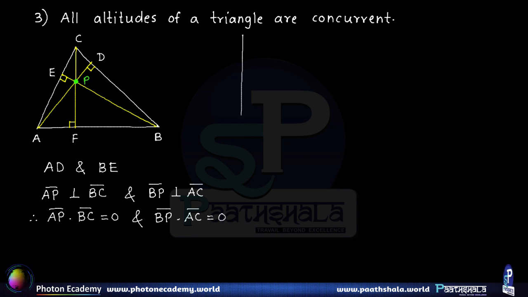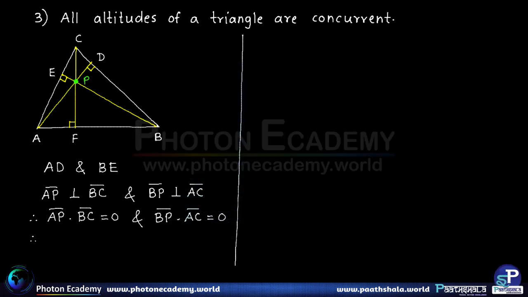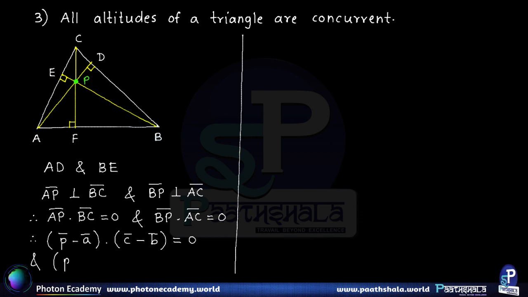Continuing further, we can write the actual expansion. AP bar is P bar minus A bar, dot BC bar, which is C bar minus B bar, equal to 0. For the second case we have P bar minus B bar dot C bar minus A bar equal to 0. We go on to expand these.